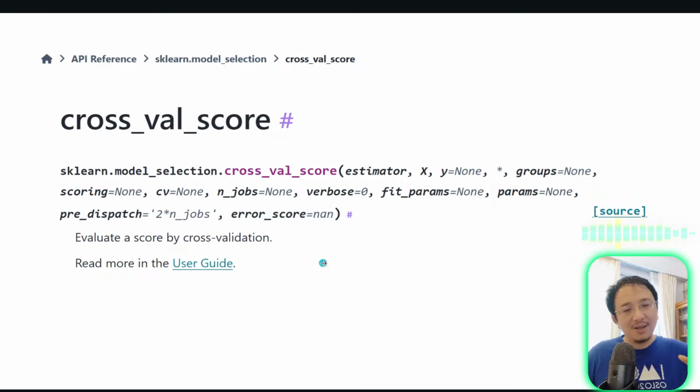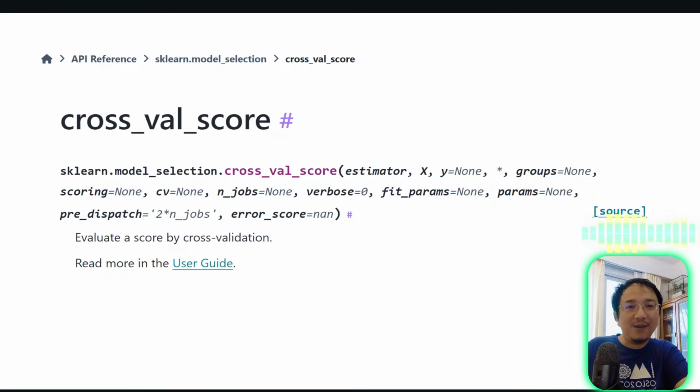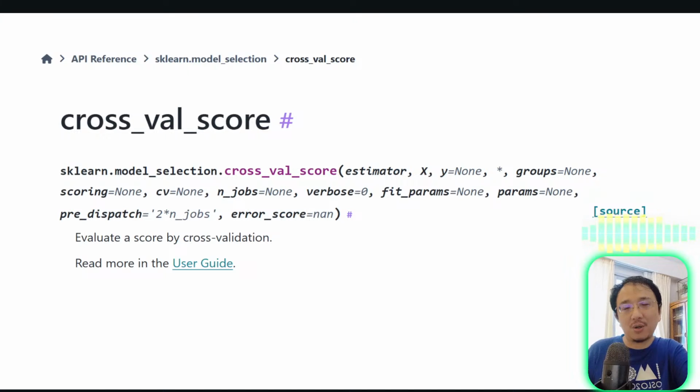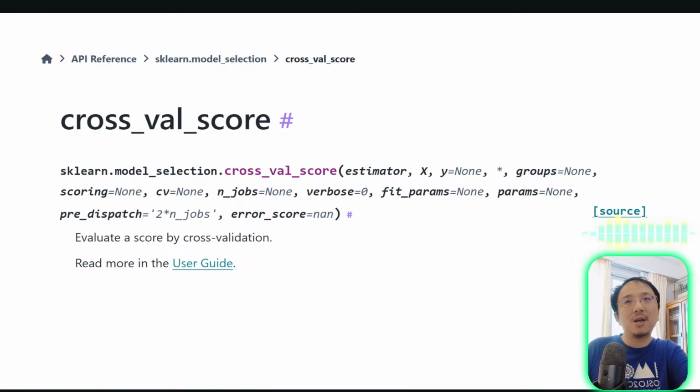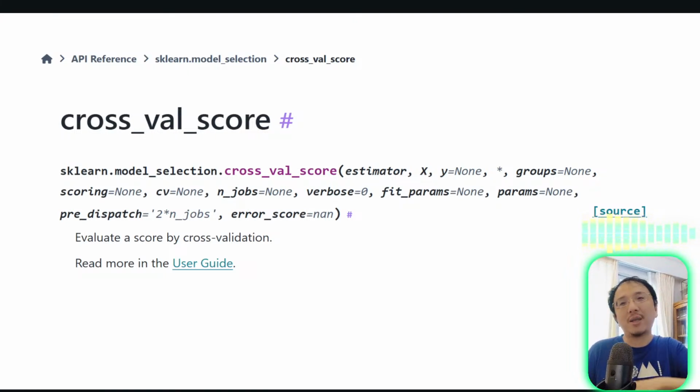That's another benefit of using Scikit-learn, because if everything is built around the Scikit-learn pattern, there are a lot of tools available to use. One of the tools is here, the cross-validation score. If you have any object that satisfies the regressor API in Scikit-learn, you can just call this function, and it will do all the process for you automatically.